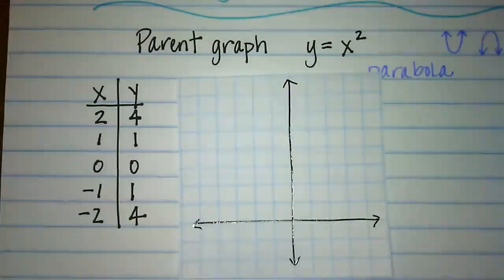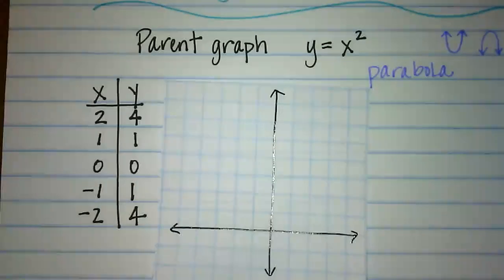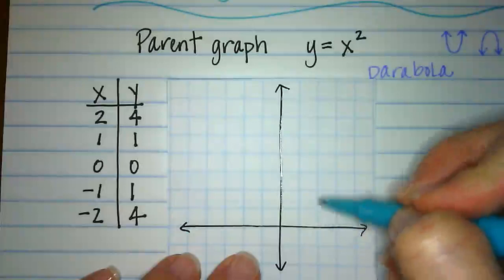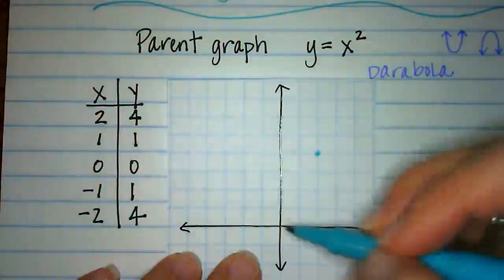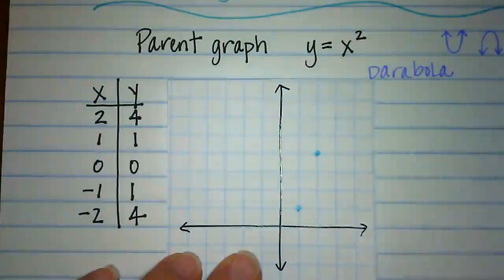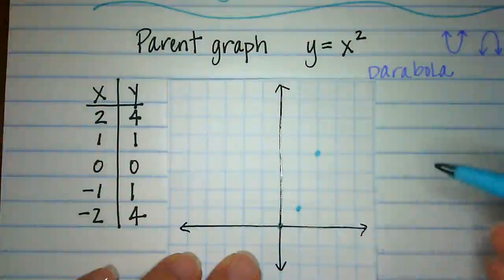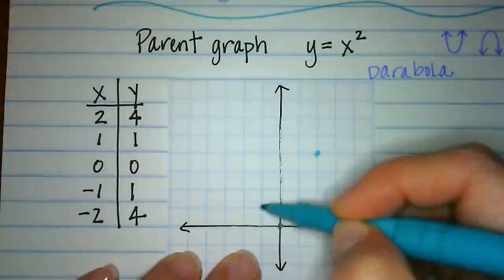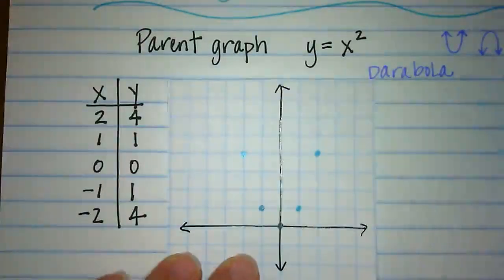All right, so I'm just going to plot these points. So 2, 4: over 2, up 4 is a point. 1, 1: over 1, up 1 is a point. 0, 0 is a point right there. Negative 1, 1 is right here. Negative 2, 4 is right there.